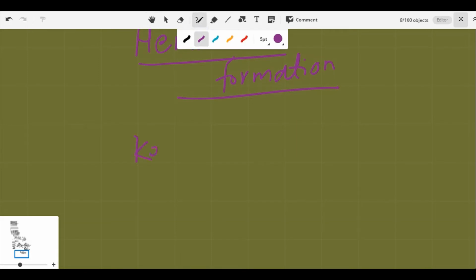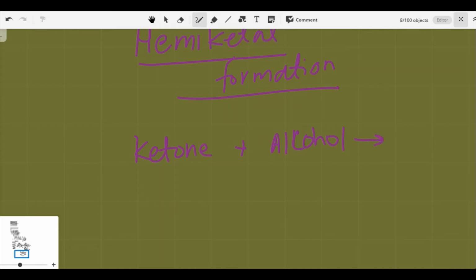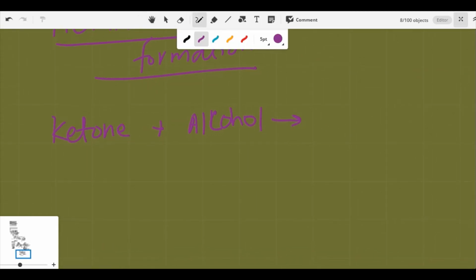So it means here ketone reacts with alcohol to form the product, that is hemiketal.